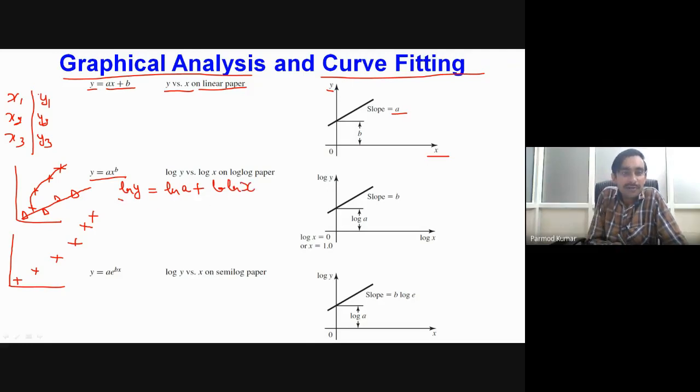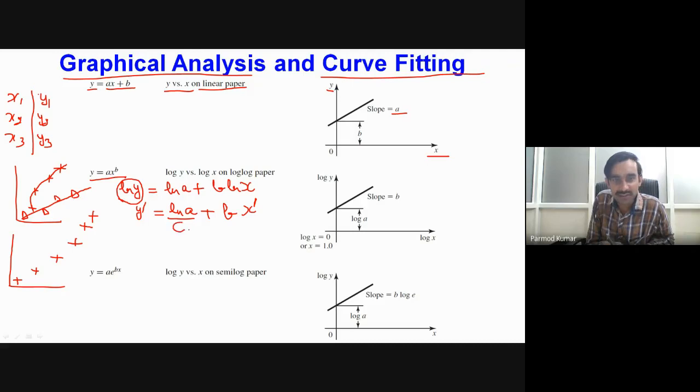Now if we call ln of y as y dash, and ln of a is a constant quantity, and b is also constant, and ln of x we write as x dash. From here you can see this is nothing but our constant parameter. The parameter b becomes identical to the slope of the straight line, and x dash and y dash are our variables.